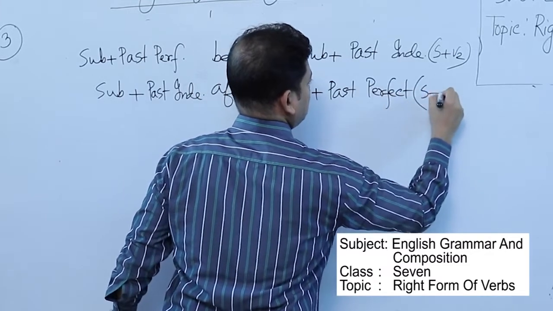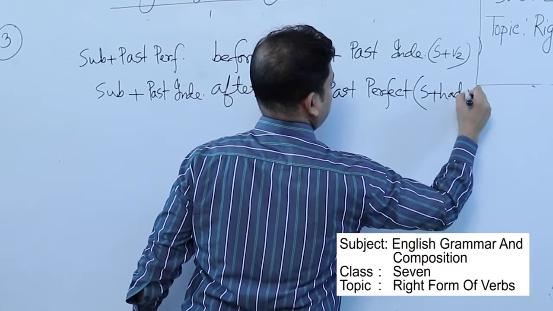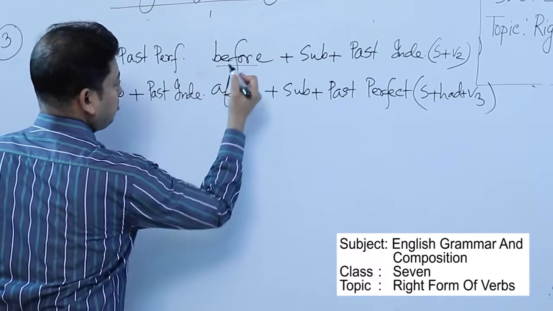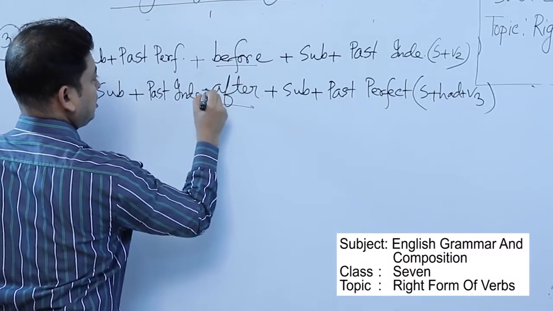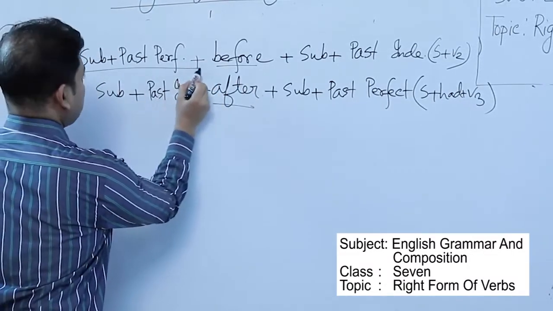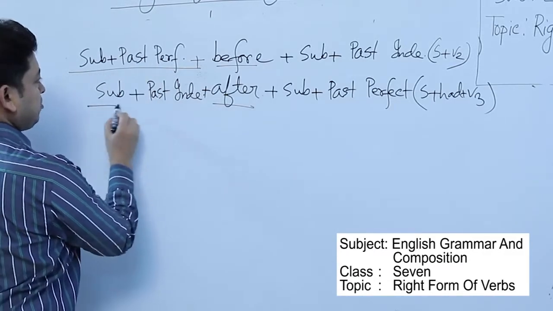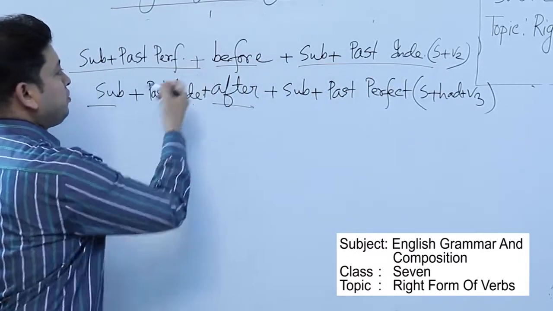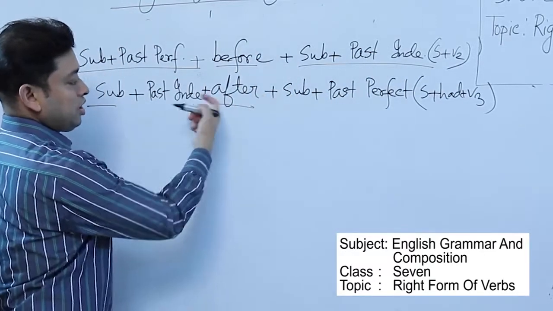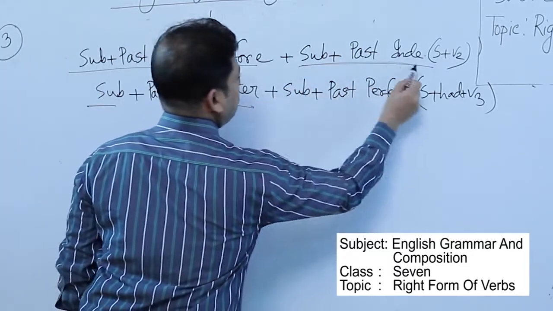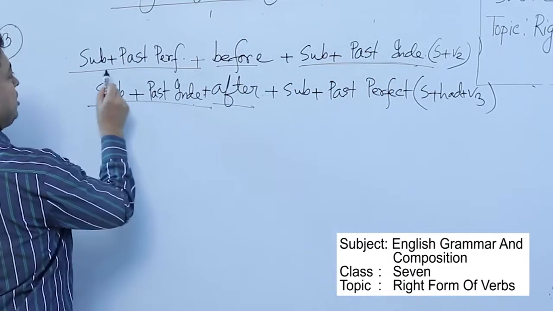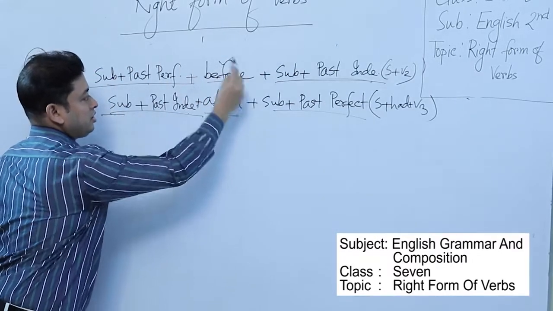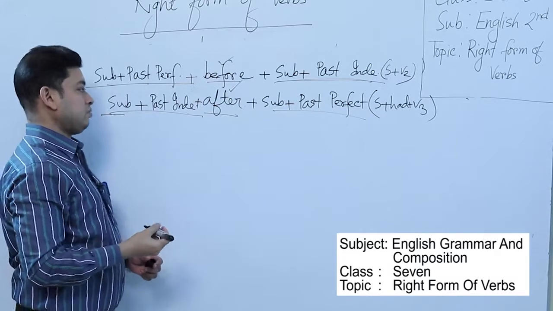That means subject plus had plus V3. So if there is before in the middle, after in the middle, it will be subject plus past indefinite for before, and subject plus past perfect for after. So this rule is here and this rule is here. The change is for before and after. So let's see some examples.